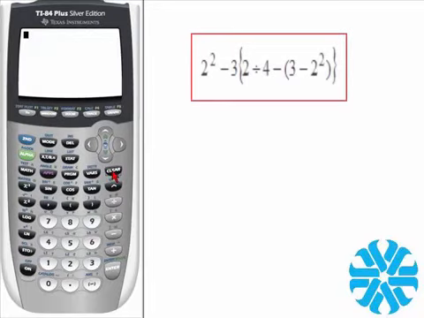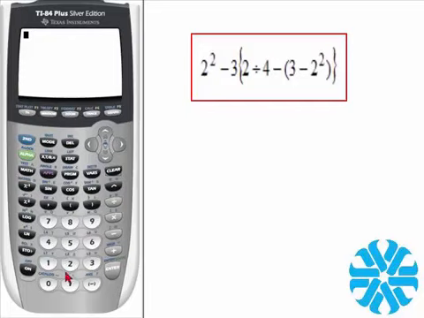Example number 2 says, let's take 2 squared, subtract 3 times the quantity 2 divided by 4, subtract the quantity 3 subtract 2 squared. Okay, so let's go ahead and enter that in.